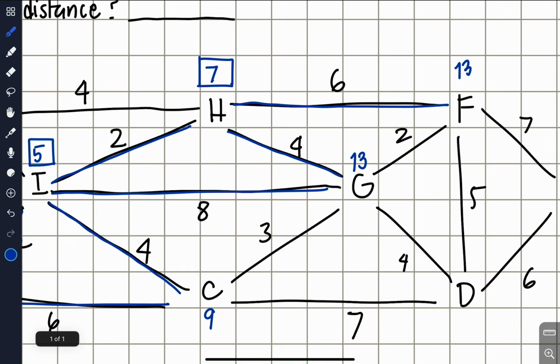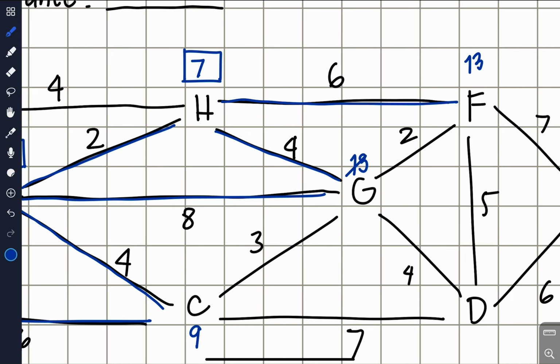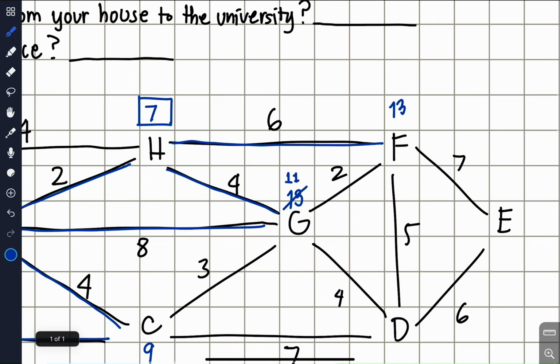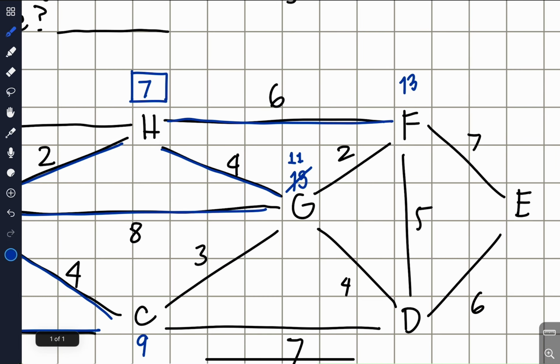So just like what step number 6 said, if a distance is less than a distance already at this vertex, cross out that distance and write in the new distance. In our case, our initial distance was 13. Now our new distance is 11 because 7 plus 4 is 11. So we cross this out and write in the new one. Among the considered distances, between 11 and 13, the smallest one is, of course, 11.